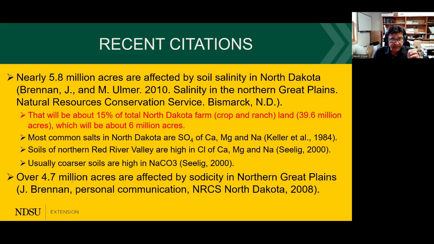I personally think these numbers are very conservative. Why do I say this? The soil series that are not known to have salinity or sodicity issues can develop these issues within 5 or 6 years if there are significant changes in the weather. There's a lot of salts and sodium causing sodicity in the deeper depths of our soil, in the soil parent material.